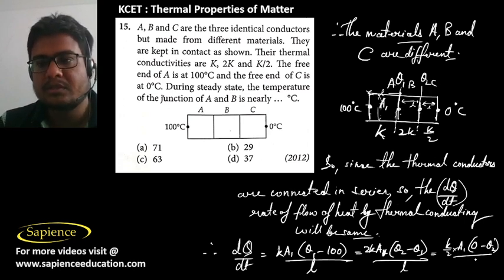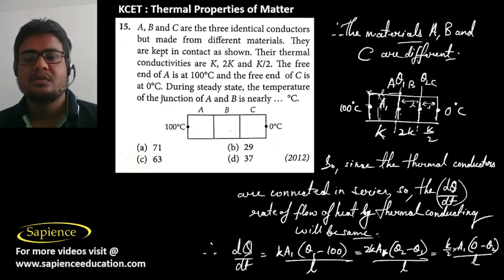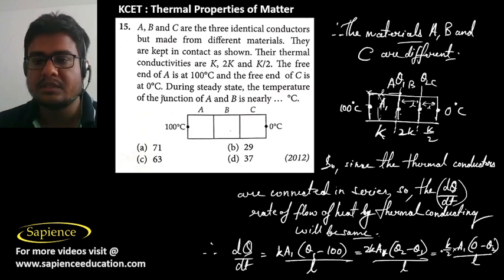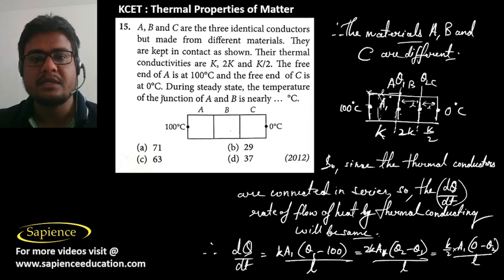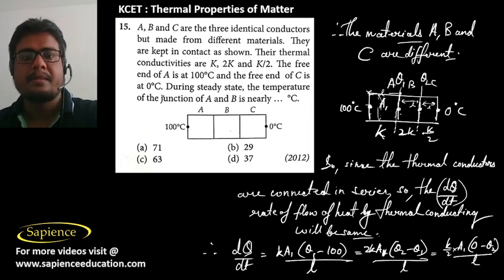So this we have to solve, and then we can find the values of theta 1 and theta 2, which are the temperatures at the junction points, at the junction of A and B.